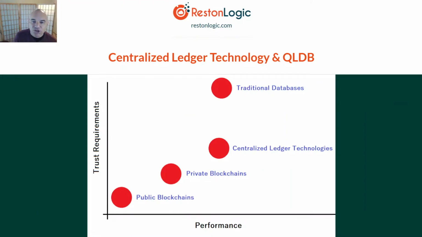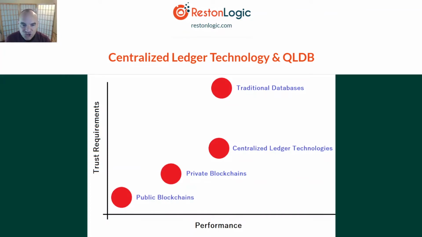So here is a graph to give you a sense of how these different database choices compare. I have here traditional databases, centralized ledger technologies, private blockchains, and public blockchains. The lower a specific type of database is on this graph, the lower the trust requirements are, the more secure your data is, which is a good thing.